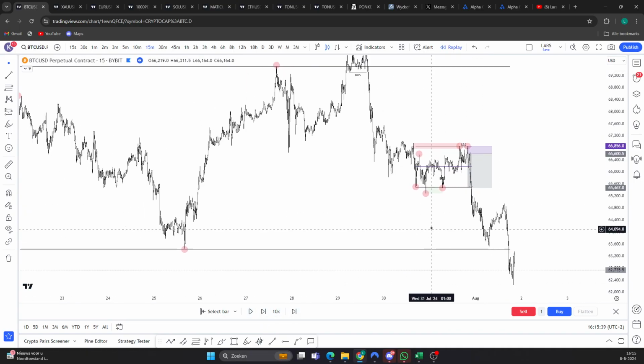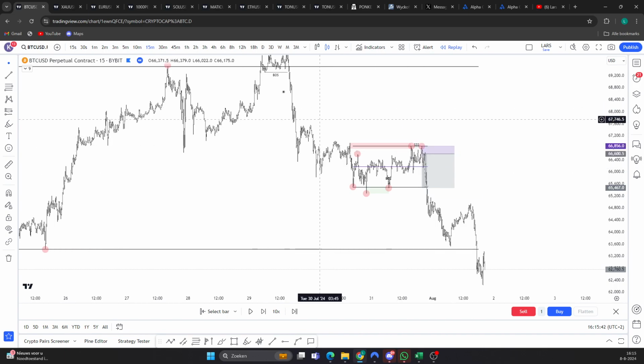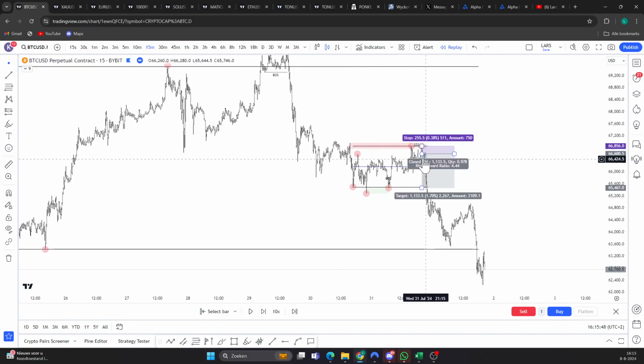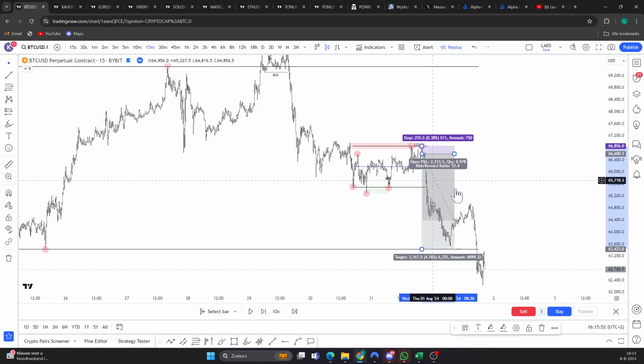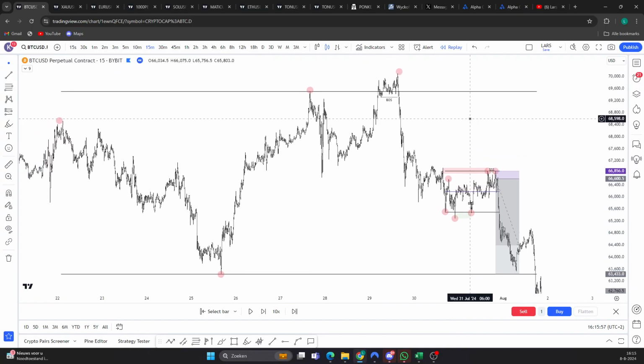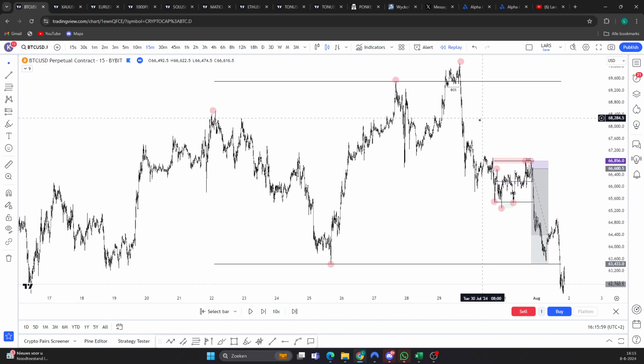There you go. So knowing our macro context, we know that an accumulation in this situation will most likely flow over into a distribution. And also, we can extend our distribution target now, increasing our risk to reward from 4 to 12. And it's basically just understanding your macro environment better.